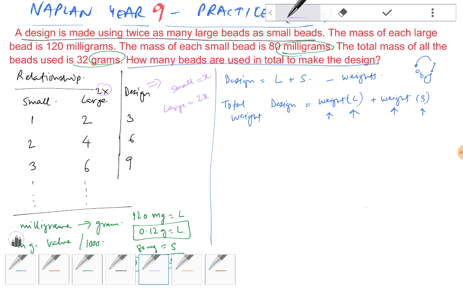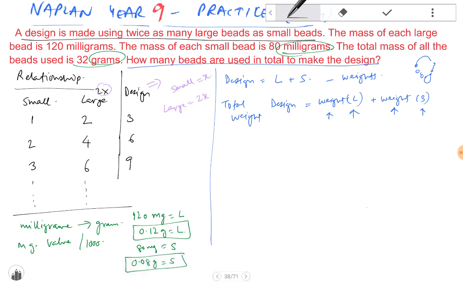So all we have to do is come back here and replace it in our equation. The total weight of the design we have is 32 grams, which equals the weight of the large beads, 0.12 grams, multiplied by 2x for large beads, plus the weight of the small beads, 0.08 grams, multiplied by the number of small beads, which is x.